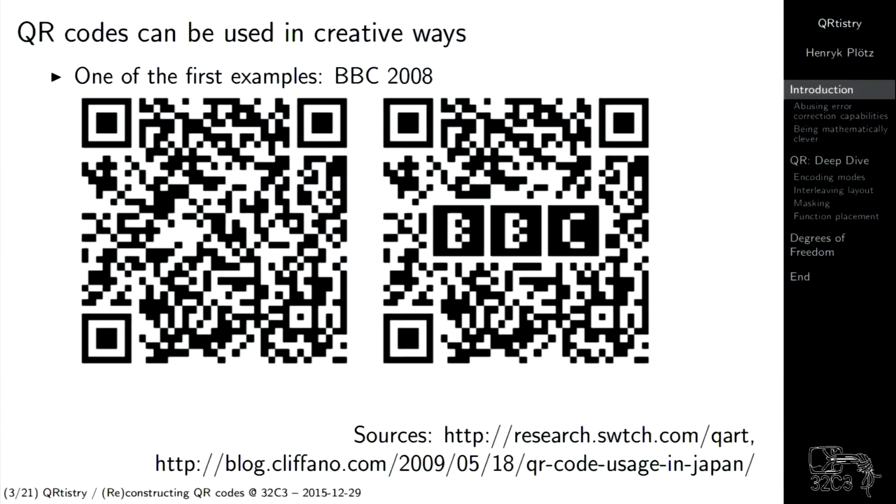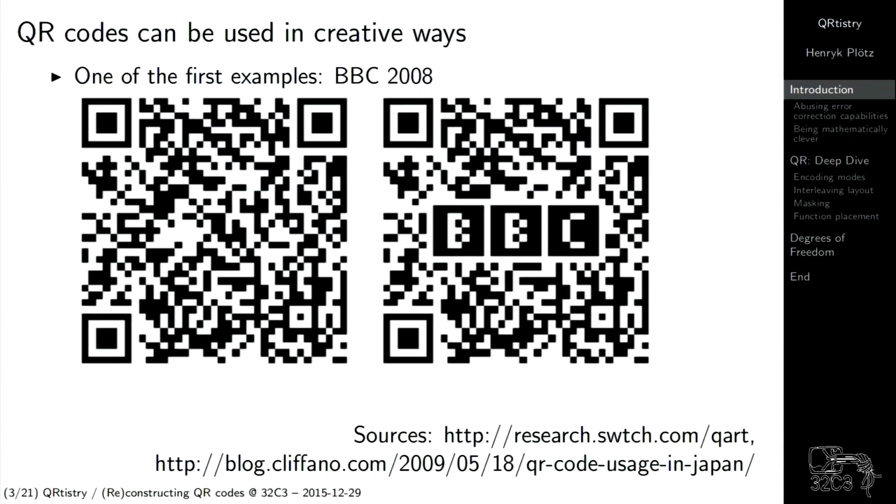Apart from the standard use, which I'm only talking about a little, people have been using QR codes in a variety of creative ways. Most of you might be familiar with the right one. That is one of the first examples of a QR code that isn't just for machine consumption, but also nice to look at for a human.